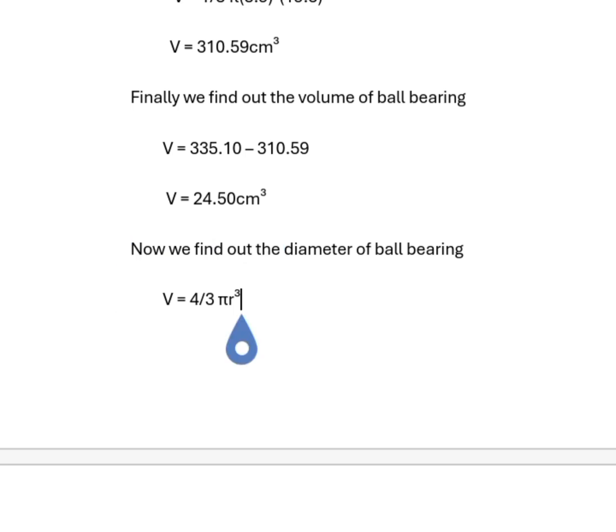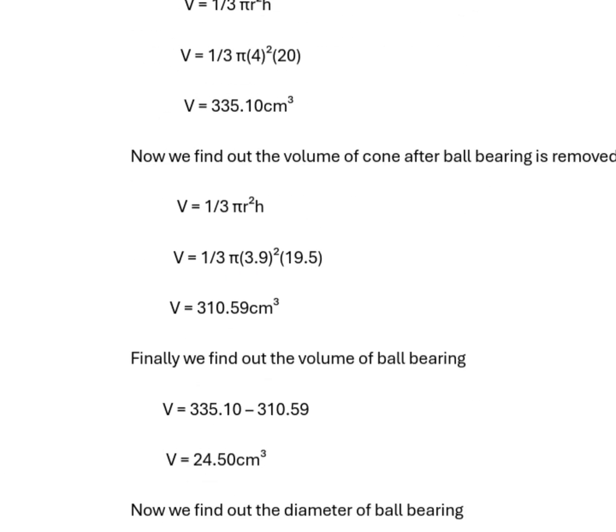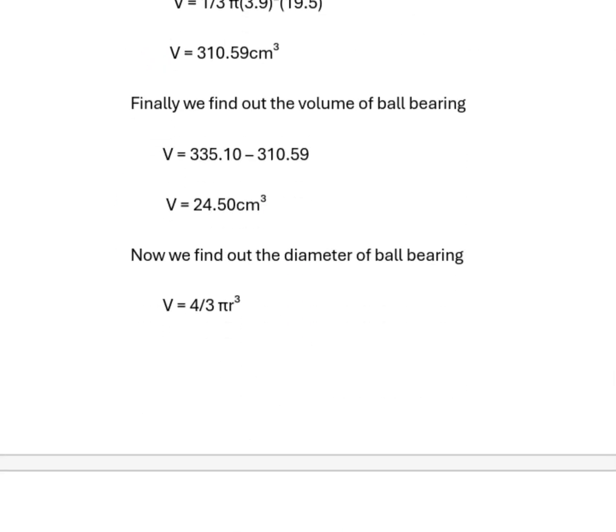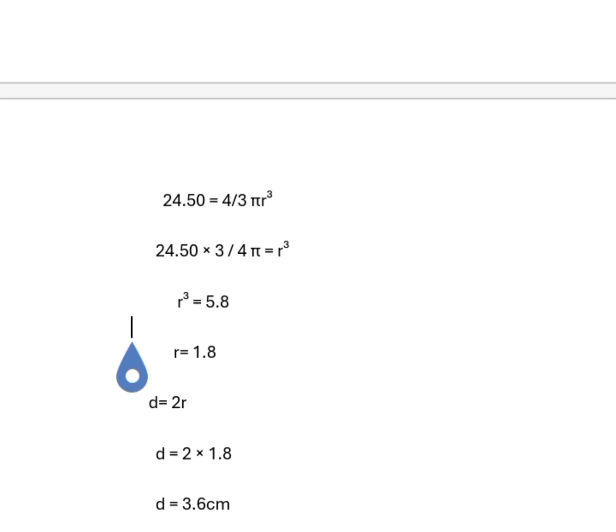Now we find out the diameter of the ball bearing. We use this formula: V is equal to 4 over 3 pi r cube. We are given the volume, which is 24.50, equal to 4 over 3 pi r cube.